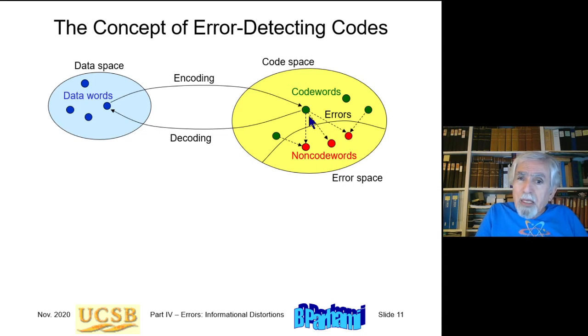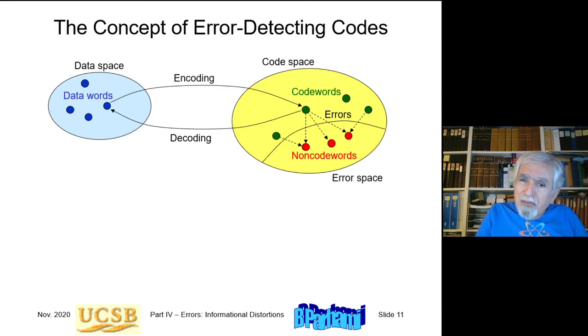Okay? So this code word and this code word, by changing various bits, may both go to this error word. That's okay, that's allowed. We just can't correct the error because if both of these can generate this erroneous non-code word, then I don't know which one was the correct data.